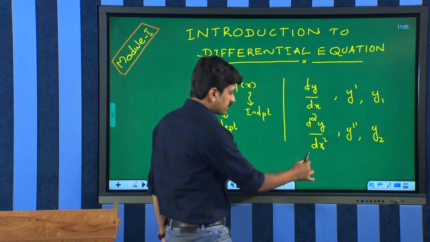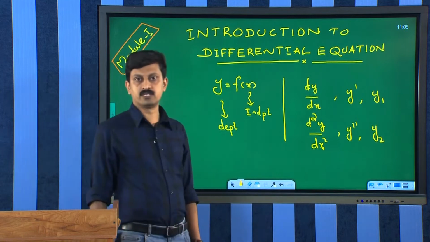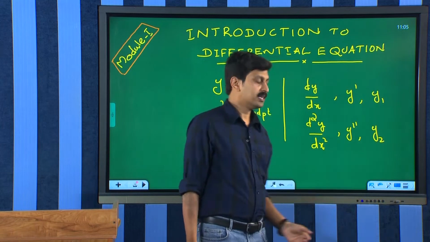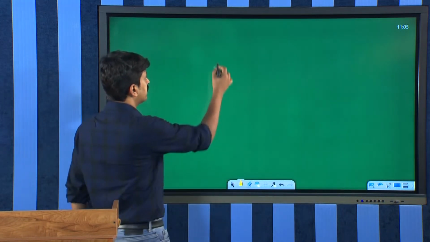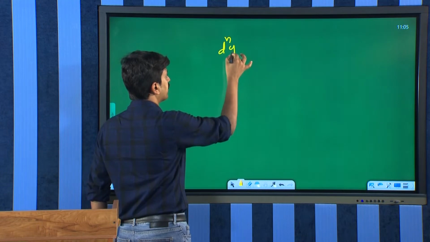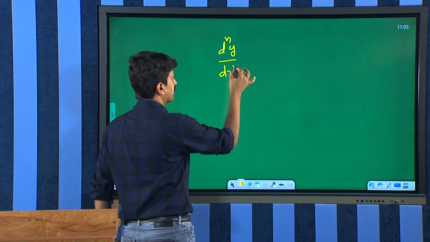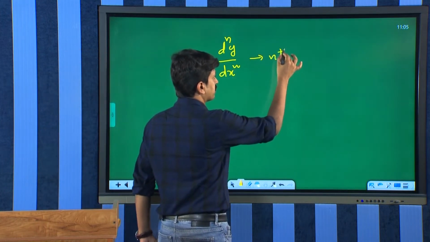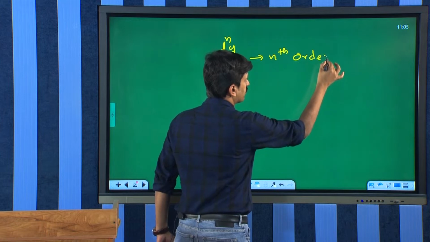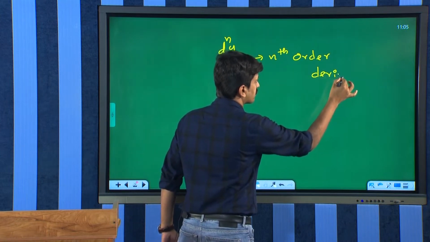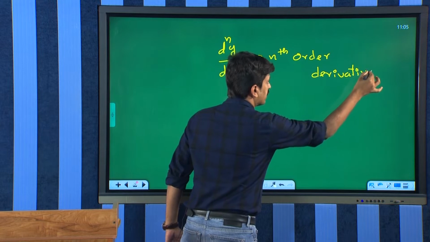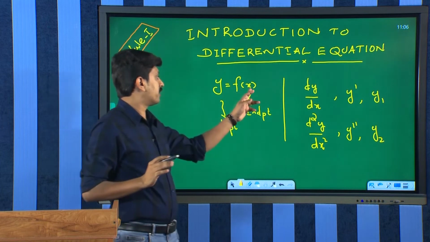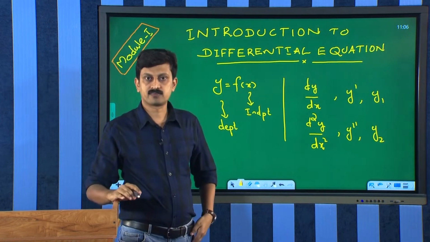Similarly, we can have higher order derivatives, that is d cube y by dx cube, or y triple dash, or y3, etc. We may have d raised to n y divided by dx raised to n as the nth order derivative. These are the different order derivatives of a function with one independent variable and one dependent variable.